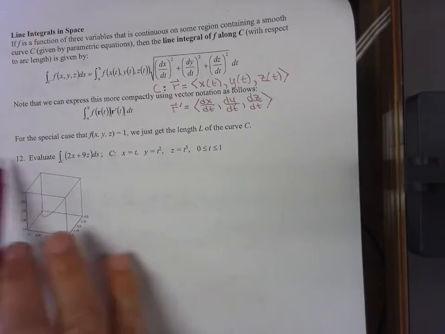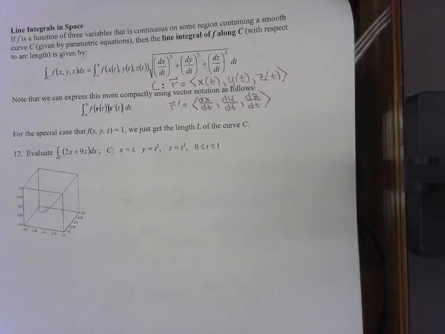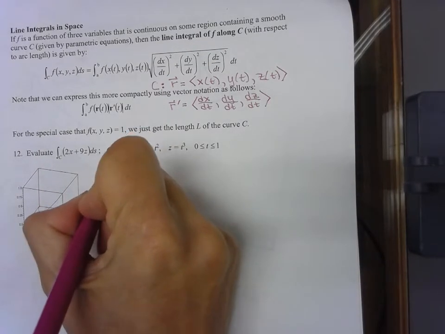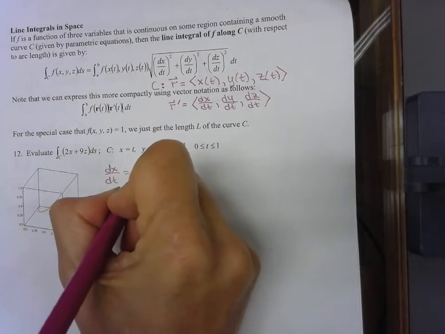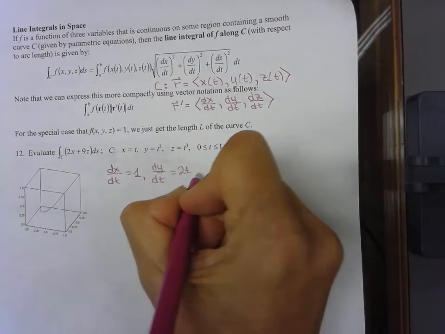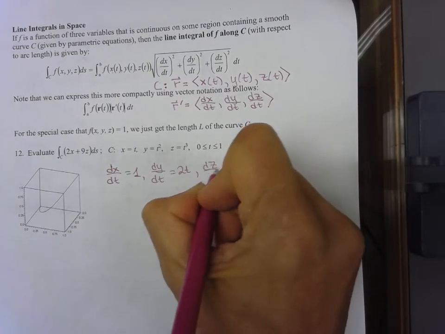All right, so let's do problem 12. And again, we're at a problem where they give us x, y, and z in our limits for t. So what's dx dt? 1. What's dy dt? 2t. And dz dt? 3t squared.